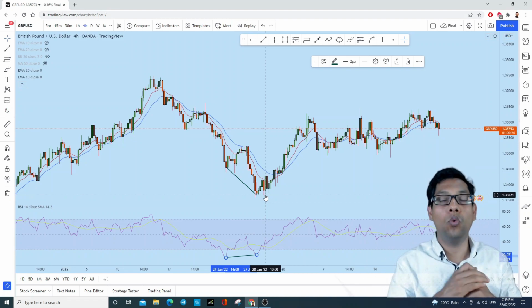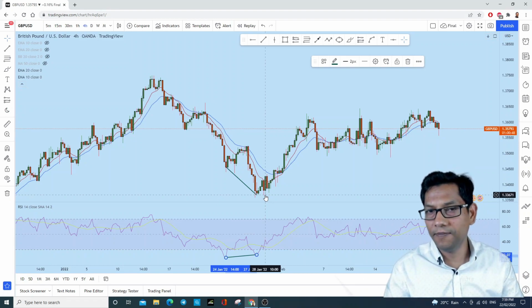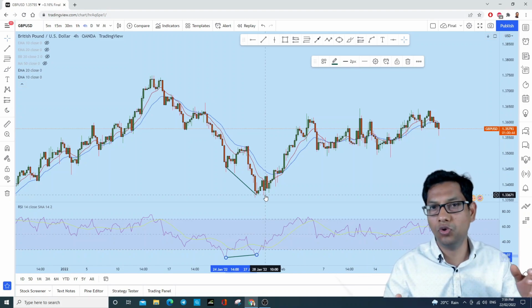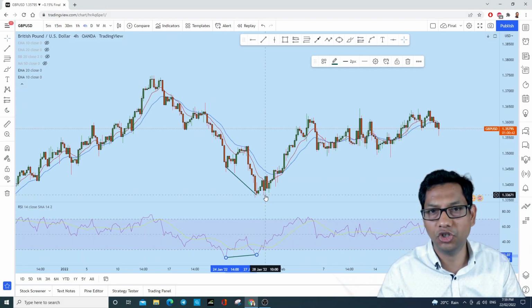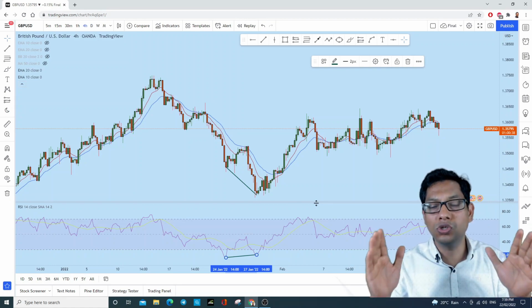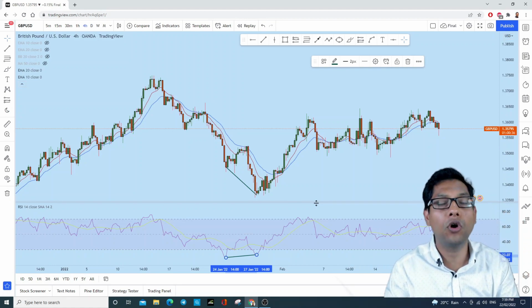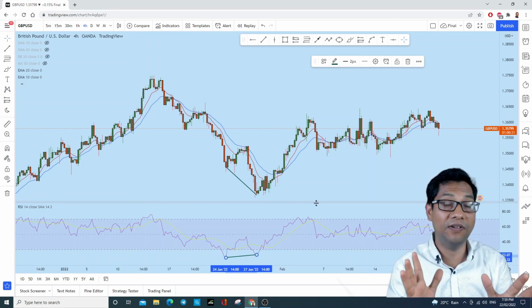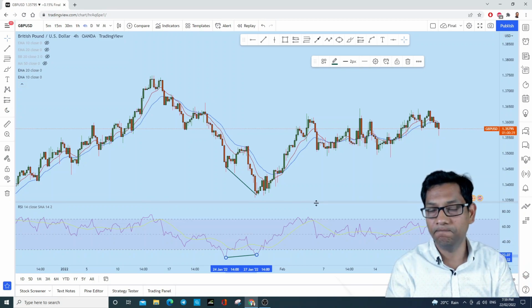We have our own entry trigger. It depends on how you trade and what you are comfortable with, whether a shooting star, bearish or bullish candle, whatever you like. But this is the whole concept: you find an overbought or oversold condition, and then you look for divergence. This is a very, very high probability trade setup.